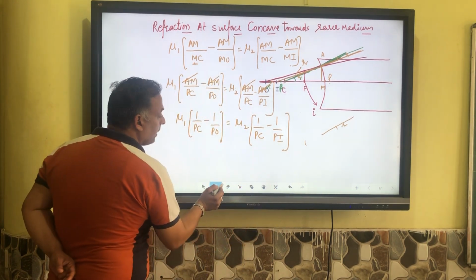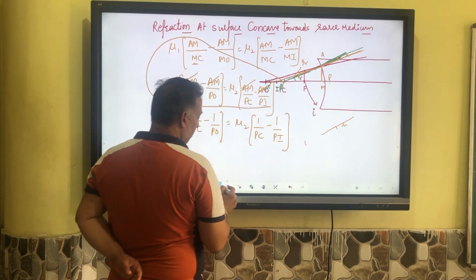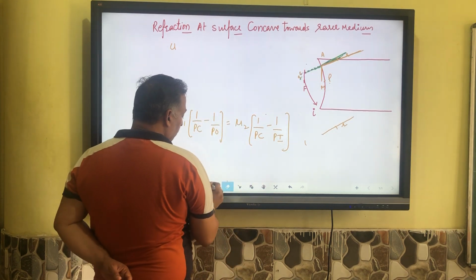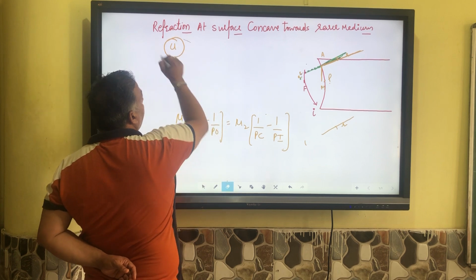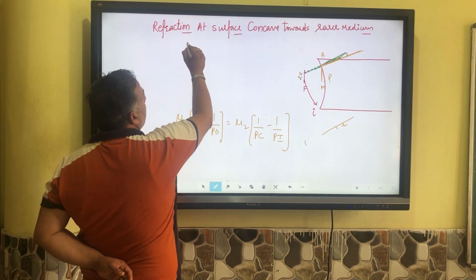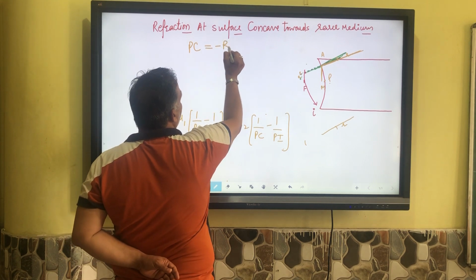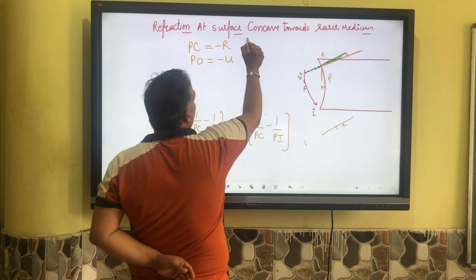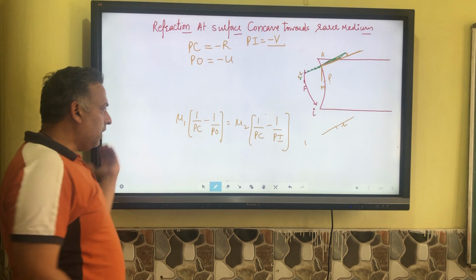Now I take the consideration that PC is on this side, so it is equal to minus R, PO is minus U, and PI is minus V. All the distances are on this side.